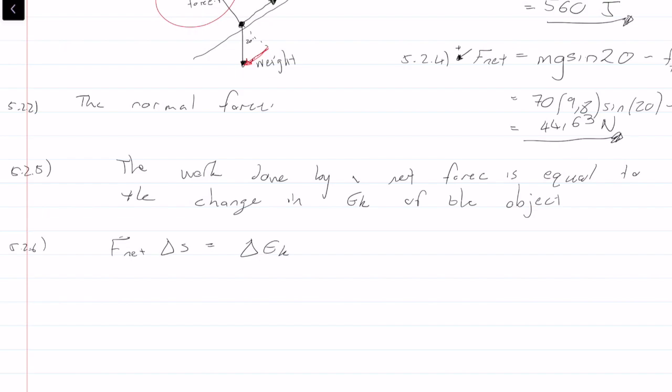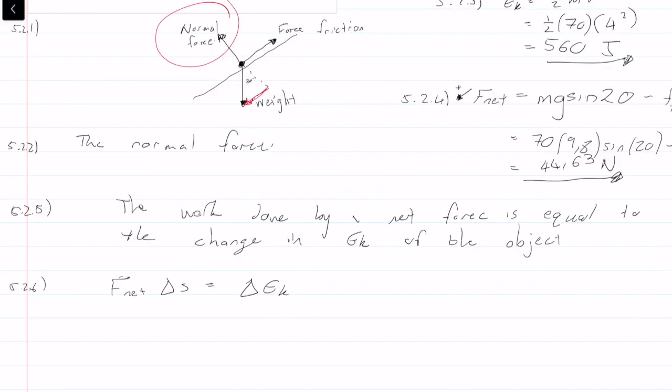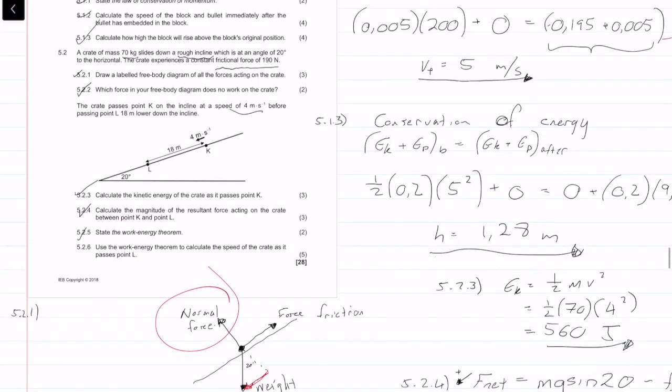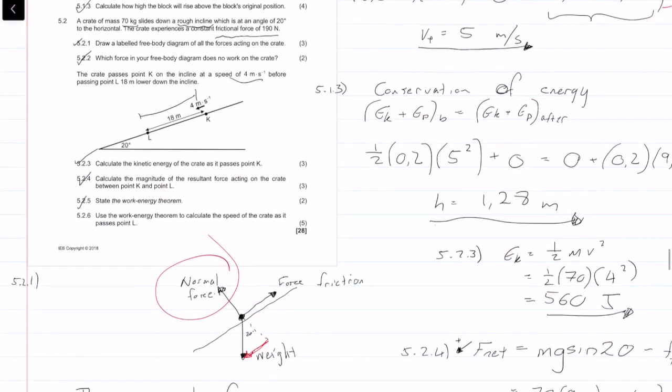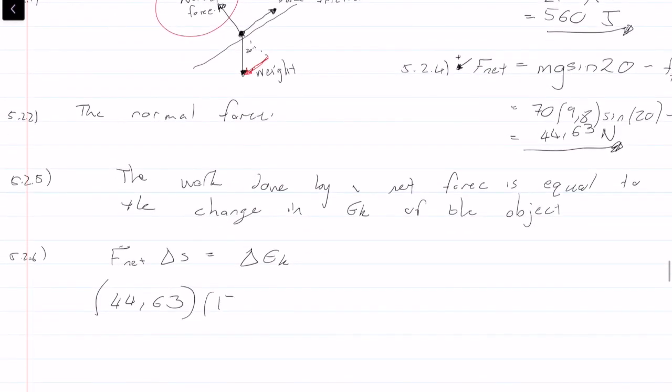Okay, do we know our F net? Yes, we do. We just calculated it as 44.63. Do we know the change in S? Let's go look. Our diagram says it is 18 meters. So 44.63 times 18 is equal to, change in EK is equal to a half times your mass, which was 70, times your V final squared minus your V initial, which was 4 squared.